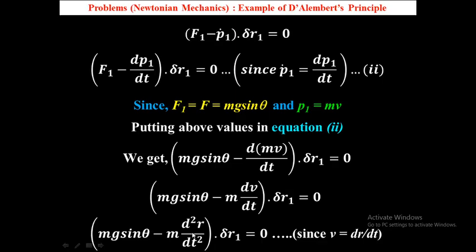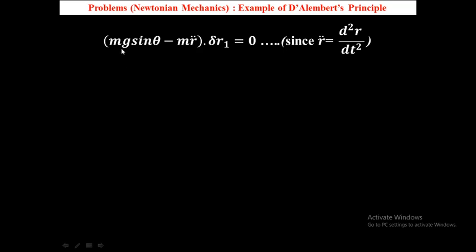So d2r by dt square can be written as r double dot, since in classical mechanics time derivatives can be written in the form of a dot using superscript. So this will be (mg sin theta minus m r double dot) into delta r1 equal to 0, since r double dot is d2r by dt square.